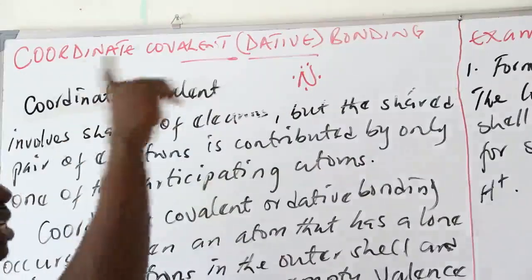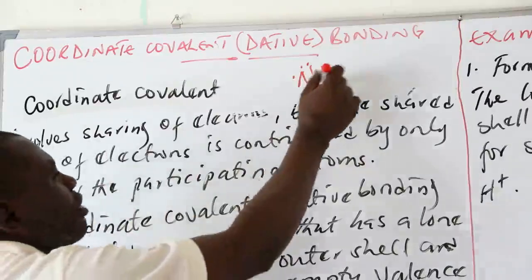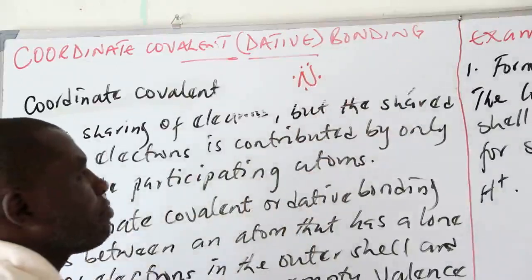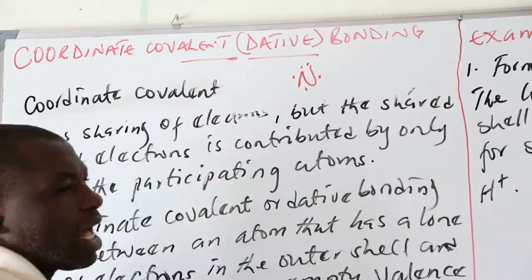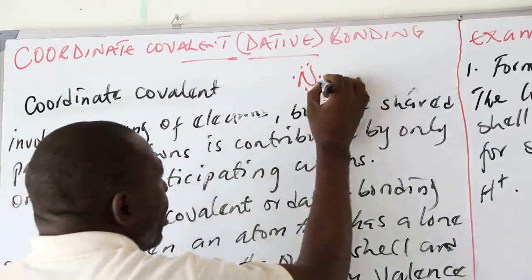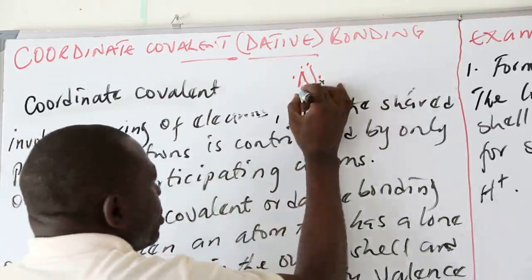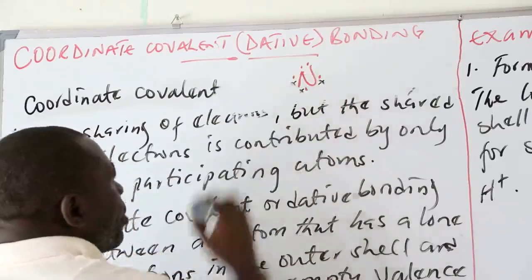That means to have a complete 8 electrons in its outer shell. And if it is about to form ammonia, it bonds with 3 atoms of hydrogen. One hydrogen will come here. Remember what we learned in covalent bonding? Another hydrogen will come here. Another hydrogen will come here.